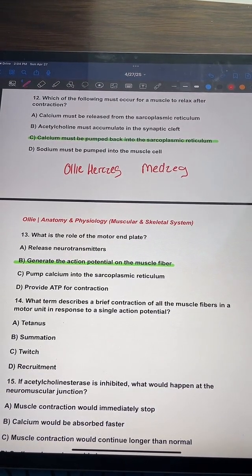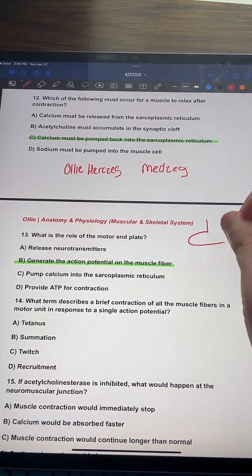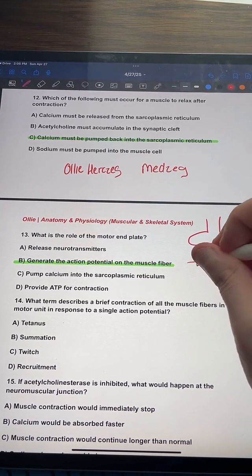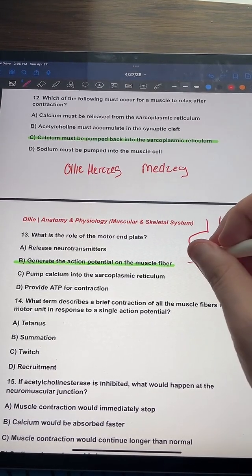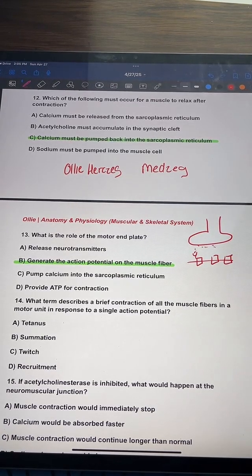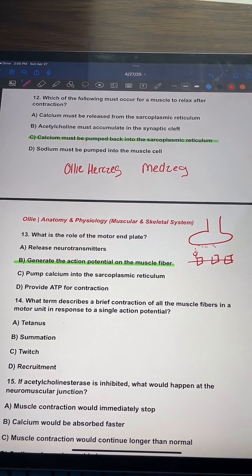So the motor end plate, what is released here at the axon terminal? Acetylcholine. The motor end plate is what contains the acetylcholine receptors for it to bind to. Does that make sense? Not exactly, the Z line.